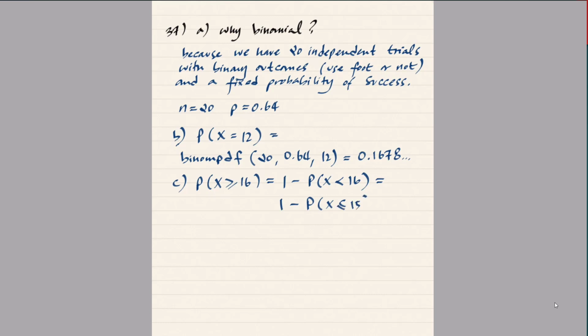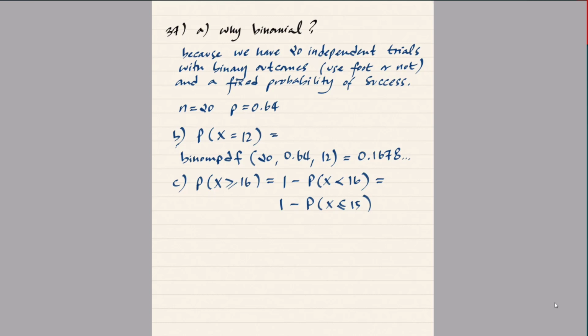Because we're dealing with a discrete distribution, we can't have a value that's between 15 and 16. It's 15 or it's 16. And so in this case, the complement, in other words, the probability that x is less than 16 is really the probability that x is less than or equal to 15. And that's a very, very important insight.